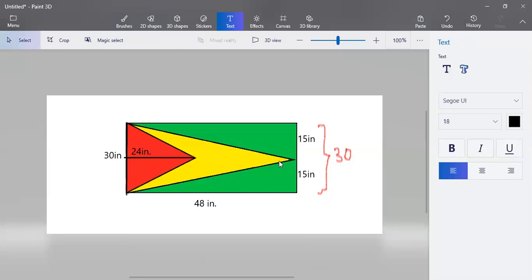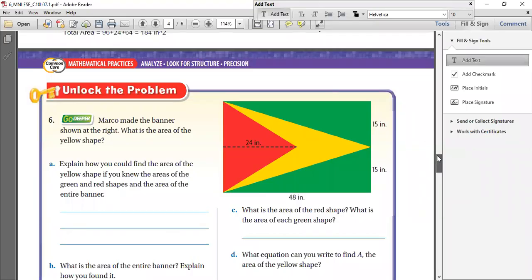So this is also the height of the yellow triangle. So we can simply find the area of the yellow triangle and the area of the red triangle and subtract them to get the area of the yellow part, because the red one is on top of the yellow one. I don't want you to do all what's in the book, I'm just showing you the idea. So with this I will move on to solve the question.